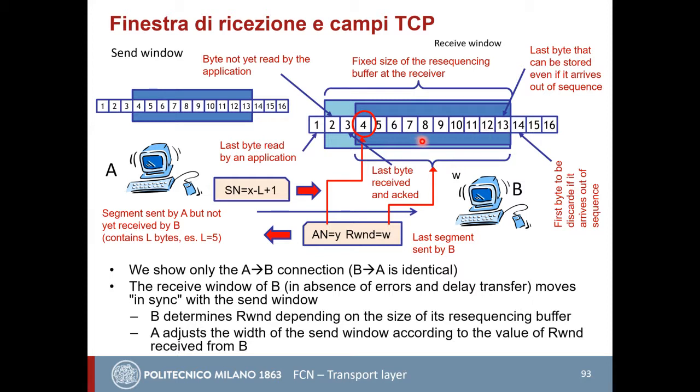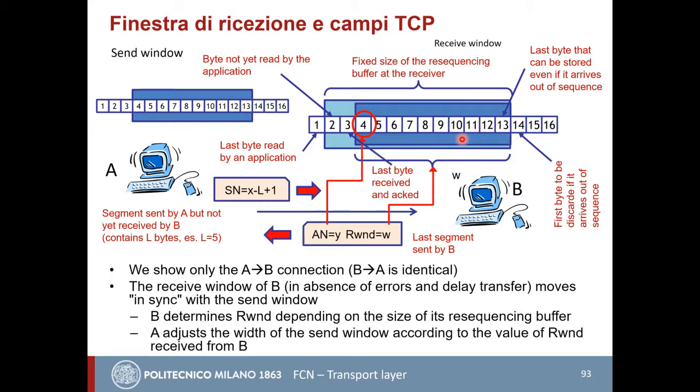If the resequencing buffer is blocked and bytes start arriving to the receiver, you can see that the receive window shrinks. So the W, that is the current size of the receive window, starts decreasing as the bytes arrive, and it starts increasing again only when the application reads the bytes from the buffer, so eliminates them from the buffer.